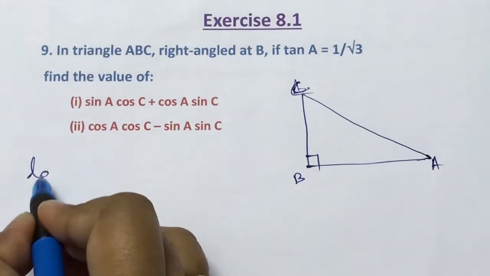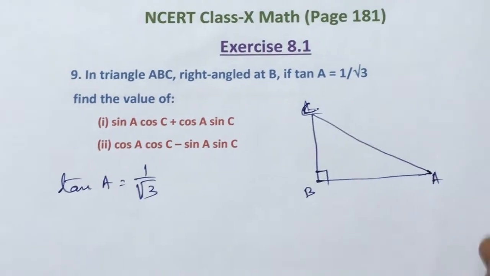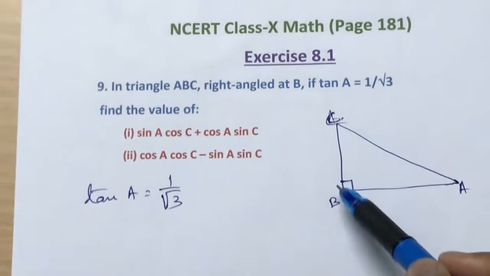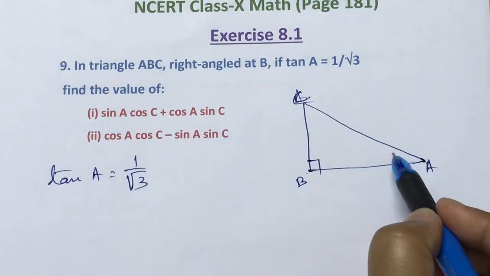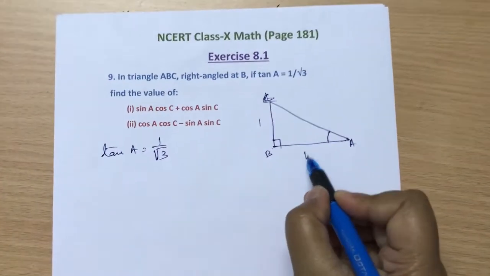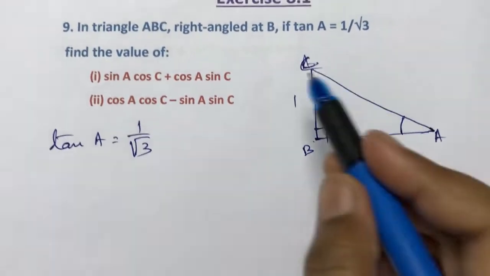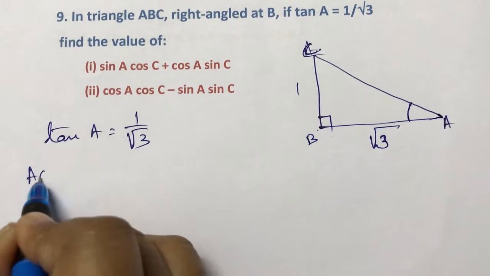Okay, it is given tan A is equal to 1 by root 3. What is tan? Perpendicular by base. This is tan A. Perpendicular is 1, base is root 3. Okay. Now find out again AC.